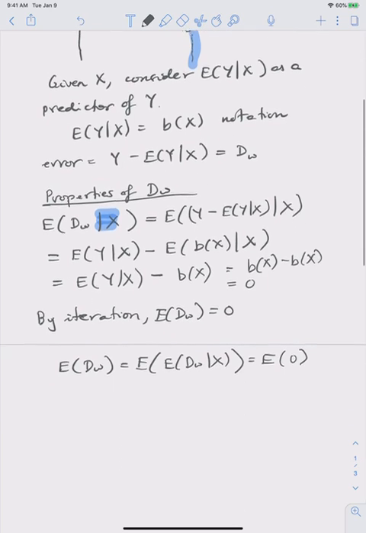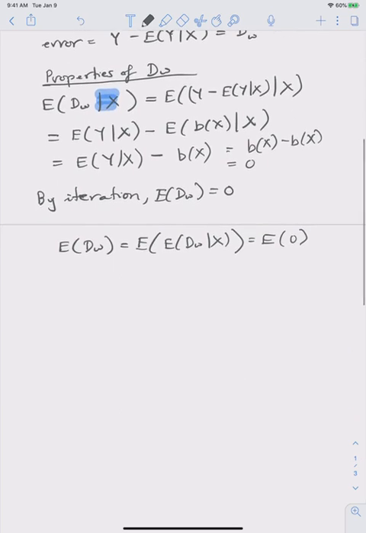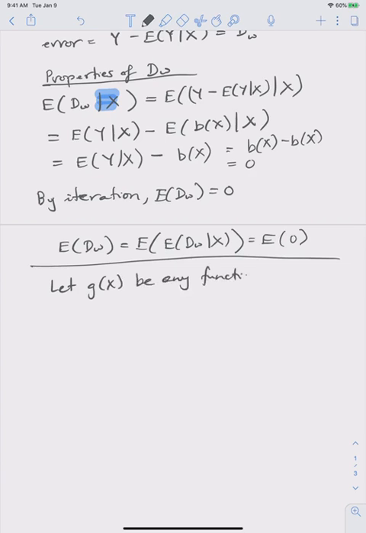This leads to the most important property, which is the relation between this error and functions of X. This expected product is 0. Let's just establish that fact, and then we'll see what it implies.